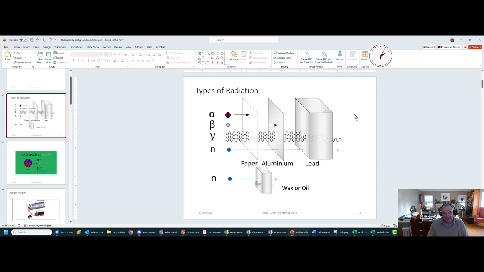The way these things lose energy is that they interact with the electrons in the material that they're hitting, and it's sort of like pulling through cobwebs.